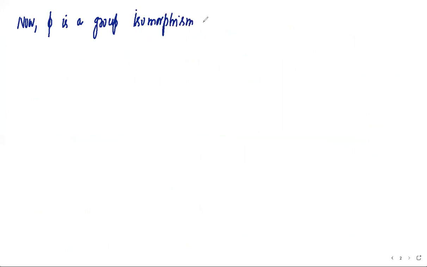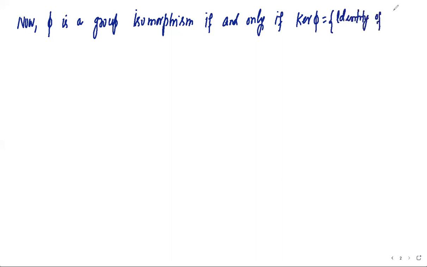Now phi is a group isomorphism if and only if the kernel of phi is the identity of gamma 0.